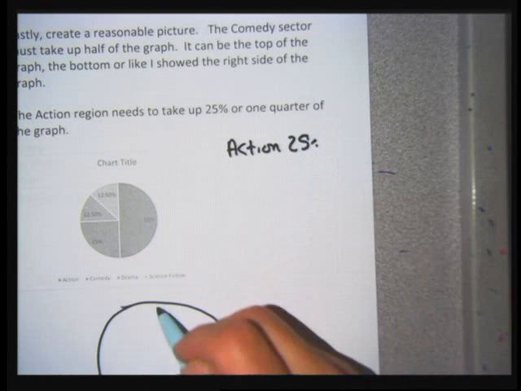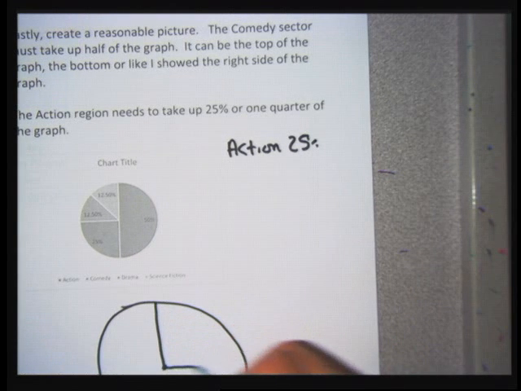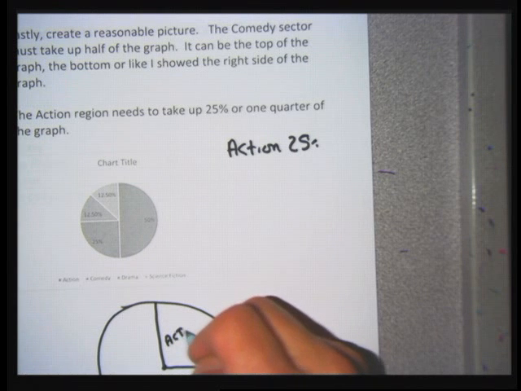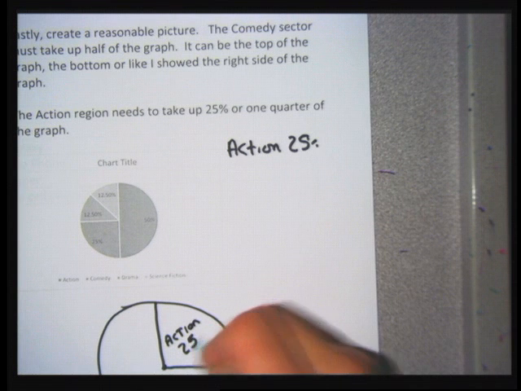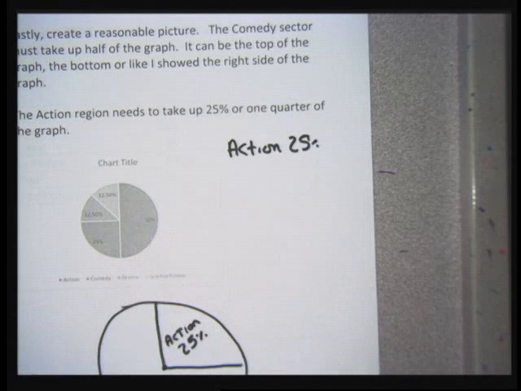So somewhere in this circle, from the center out, I'm going to make a quarter of the circle. And if I have room inside, I'd like to go right inside and write what the category is and what the percent is. I just don't know how to make Excel make the words go with the regions.